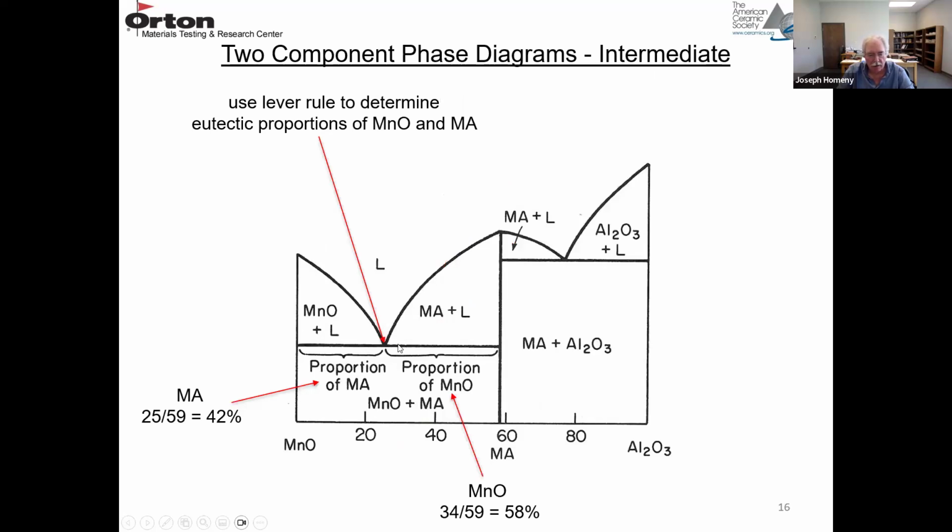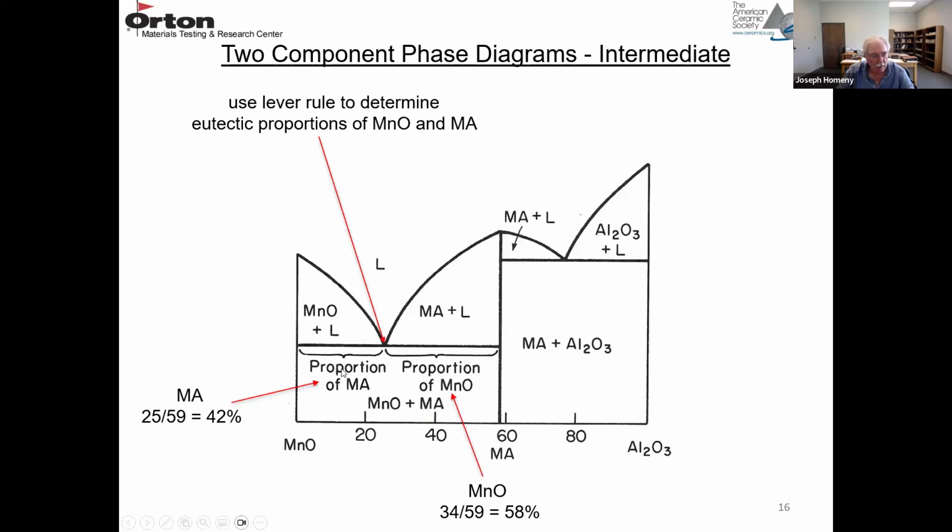So here's the same phase diagram, a little simpler. And then we want to determine the eutectic proportions of the MnO and the Ma. So this tie line is going from MnO all the way over to Ma. And this portion of the tie line is a proportion of Ma over the total tie line. And then this proportion of MnO is this part over the entire tie line.